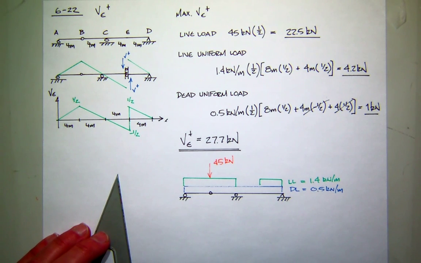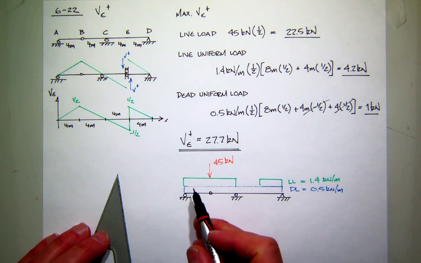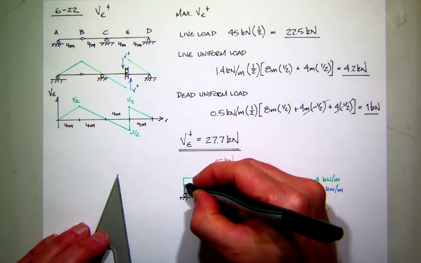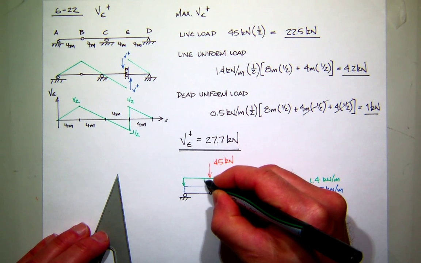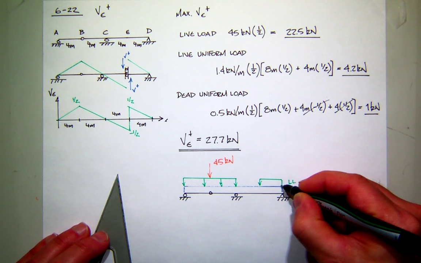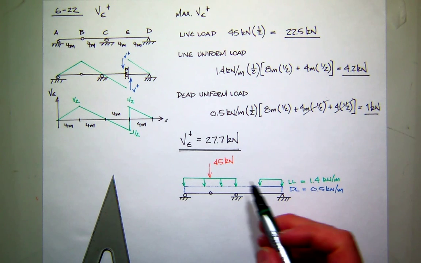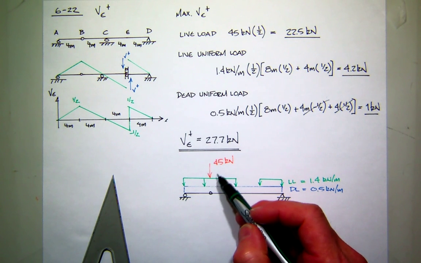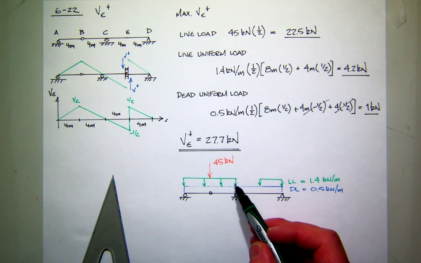I'm sure that physically the live load is distributed just like I did right here. There it is. Like someone running across it, jumping. Well, you've got to remember we were talking before about AASHTO specifications. AASHTO allows you to represent a truck as a single concentrated force and a live load in the lane.